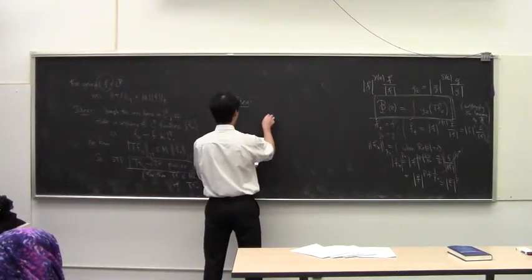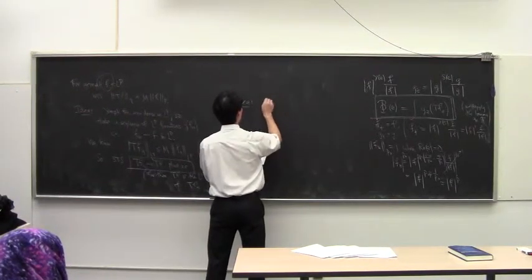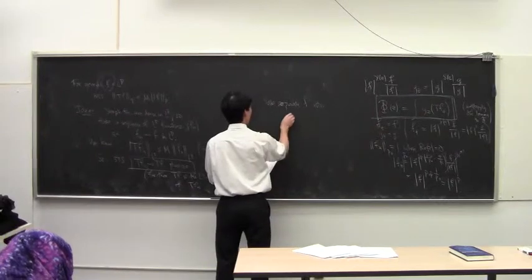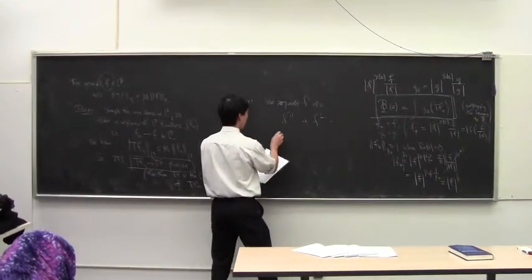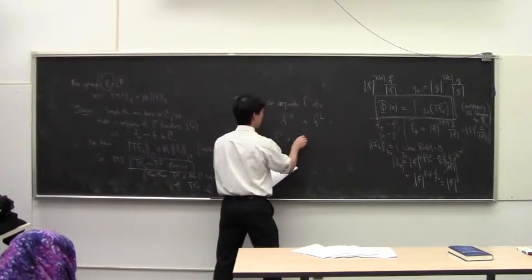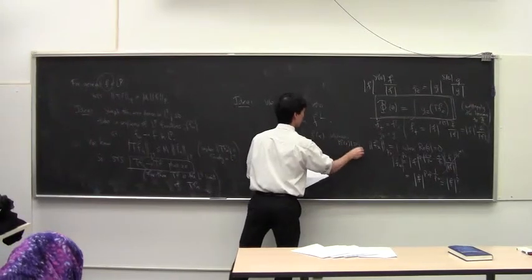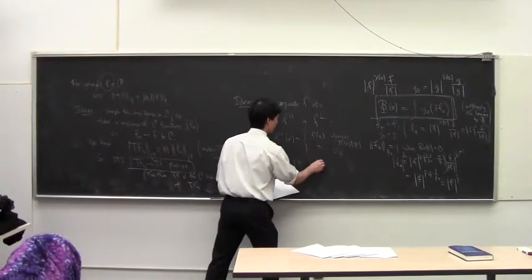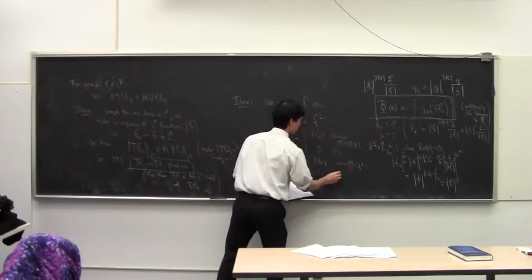The idea is this: you separate f into f upper and f lower, where f upper is f whenever f is big and it's 0 otherwise, and f lower is f whenever f is small and it's 0 otherwise.